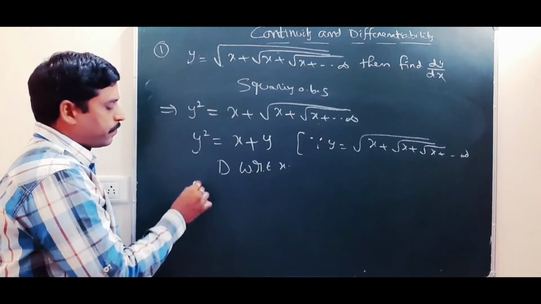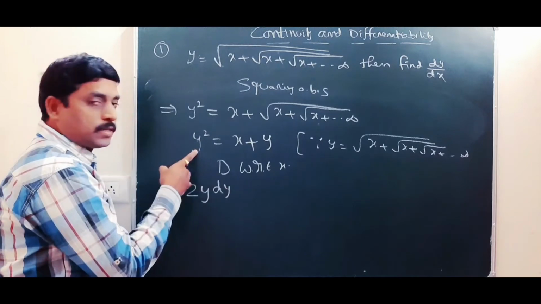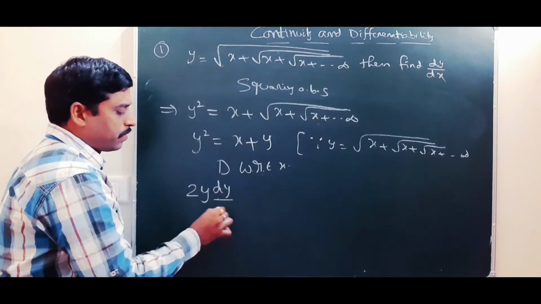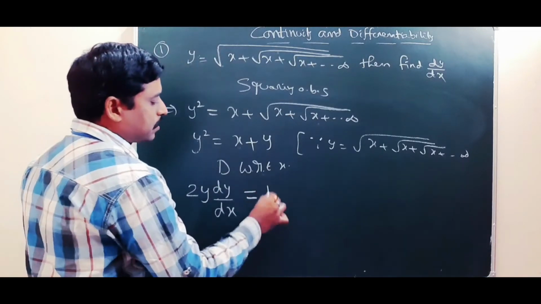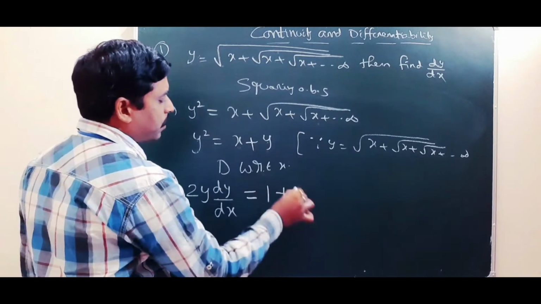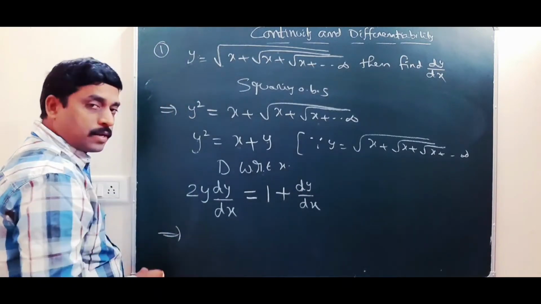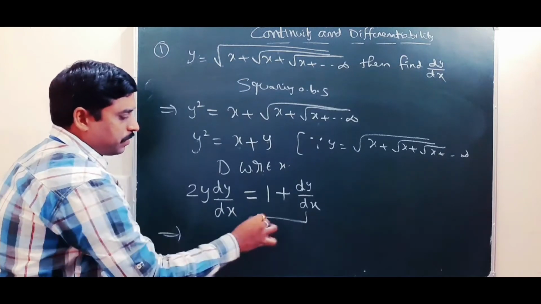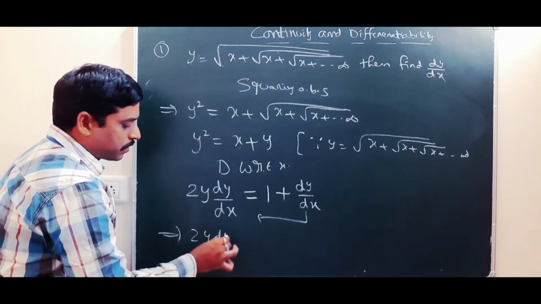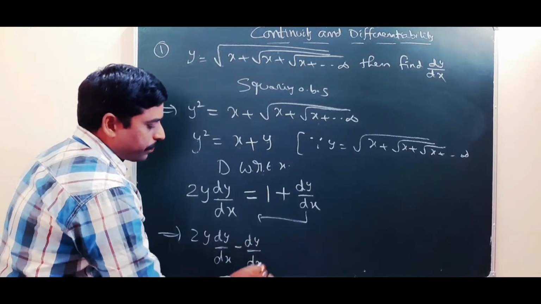Differentiation of y square, we get 2y into dy by dx, which is equal to the differentiation of x, that is 1. Differentiation of y will be dy by dx. Okay, our target is dy by dx, so we collect the dy by dx terms and bring them to the left side. 2y dy by dx minus dy by dx is equal to 1.